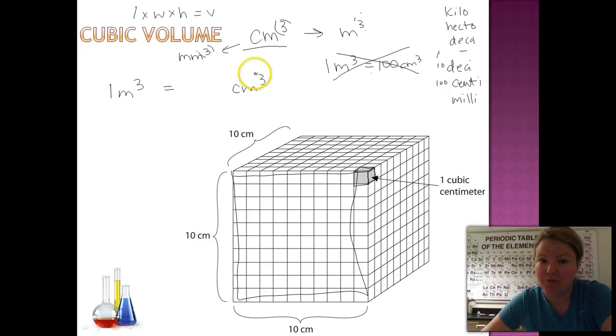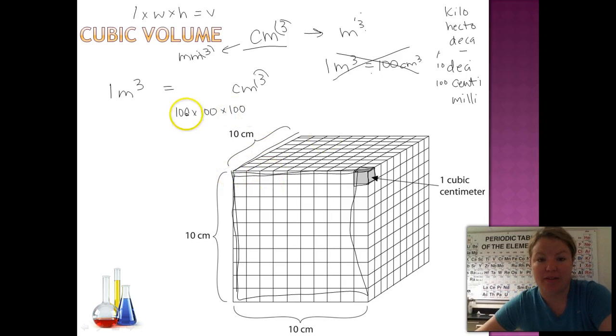Now, to do that, we have to multiply that by 3. So it's actually 100 as the height times 100 centimeters as the width times 100, which is the length.